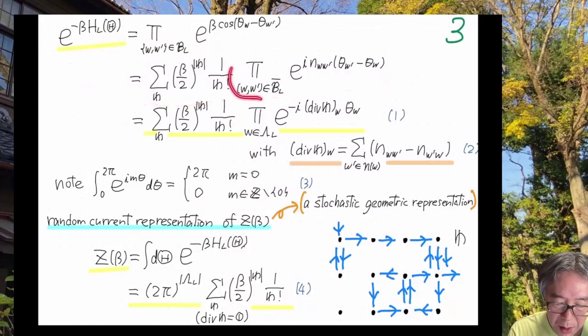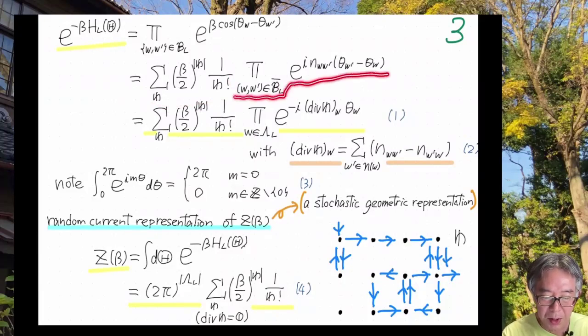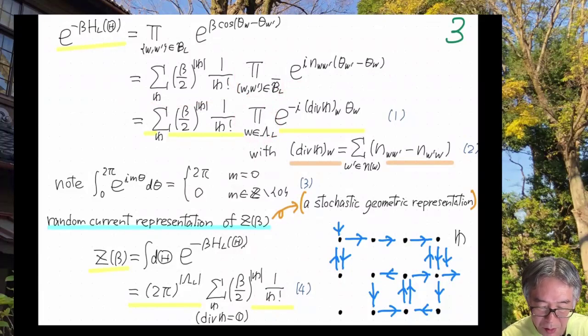Now here we have a product over all ordered bonds, and then I reorganize this product as a product over sites. You have to sit down and think a little bit, but then you will find that it's written in this way.